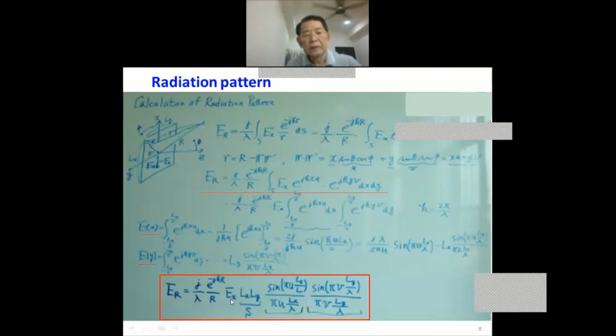Ex is this aperture field, and Lx, Ly is the size of the x direction and y direction. So this is the aperture area, this, and this function. Oh, I'm sorry, this is a mistake, lambda.